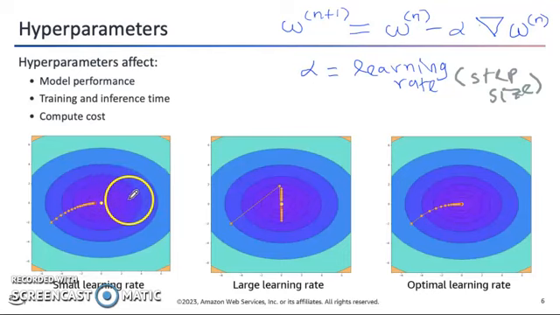The idea here is to achieve a minimum value for that surface. Just imagine this is like a target. So the three scenarios are where the so-called learning rate was set at different values.